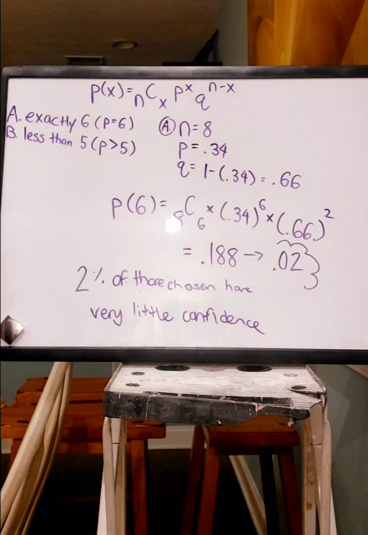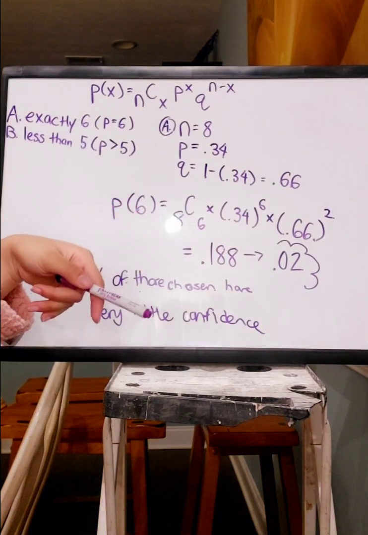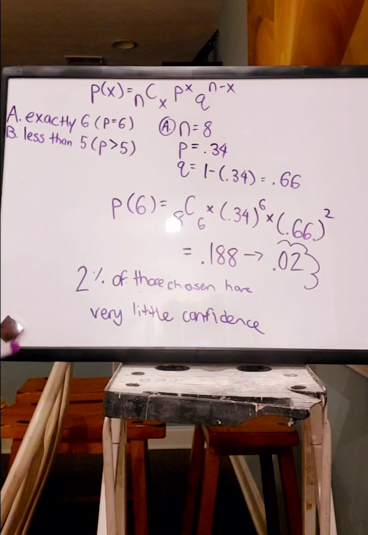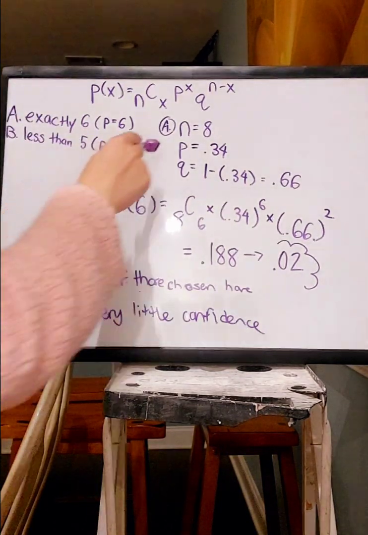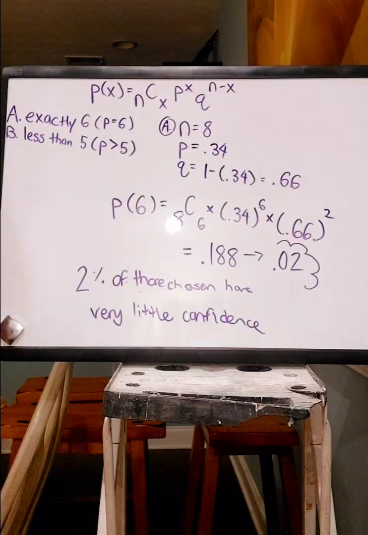So now we can go on to our second stipulation, which is X is less than 5 people. So all of our variables will be the same, so we don't have to erase any of that. But this one's going to look a bit different.